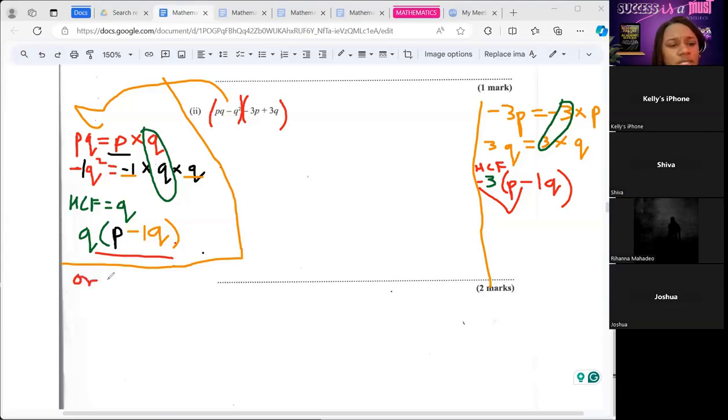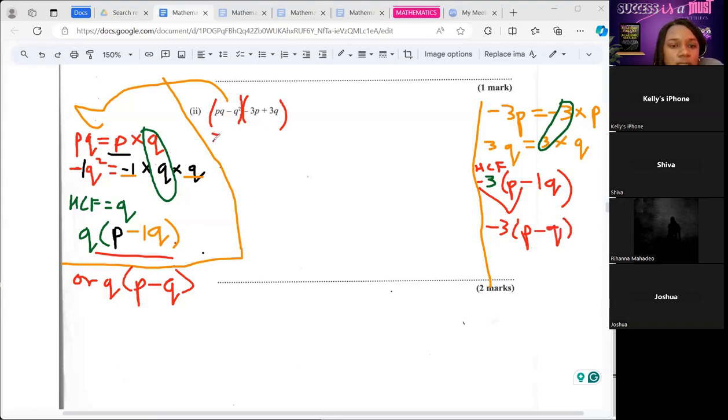And please note that this could also be written as q, open brackets, p minus q, right? With all the 1s and stuff, which is usually what the answer should look like for the most part. But if you leave it with the 1q, you'll be fine. But we are not finished yet. We almost finished.